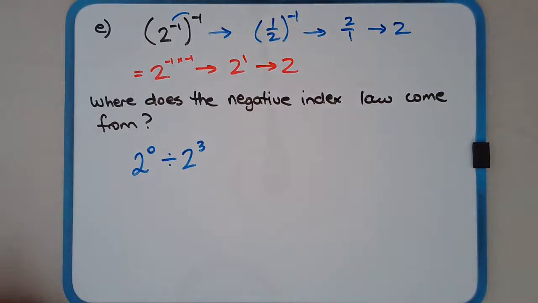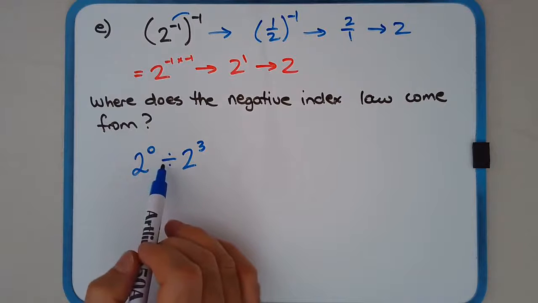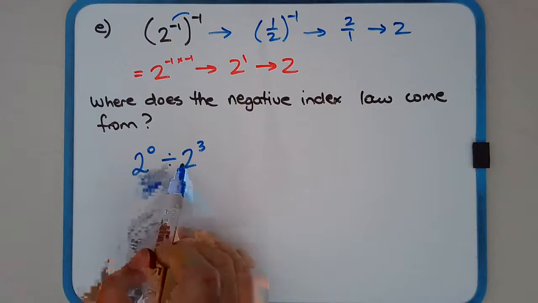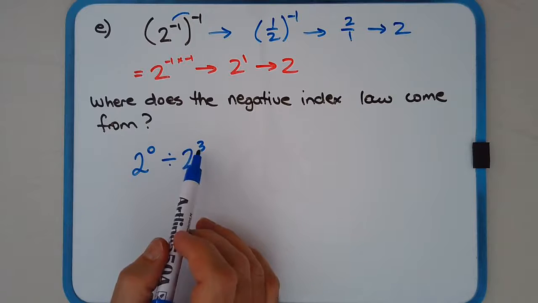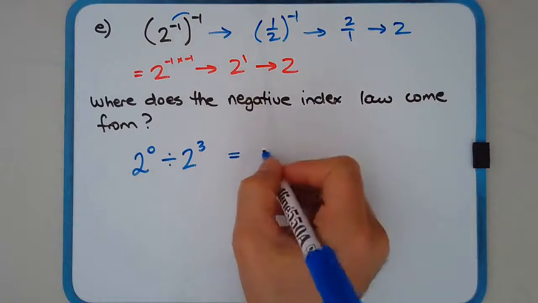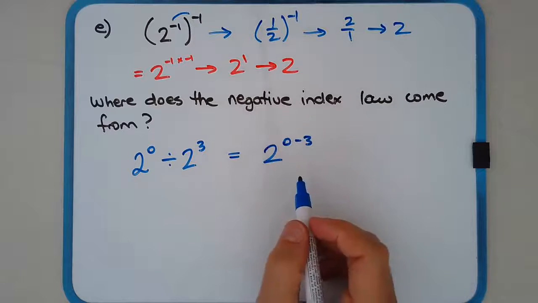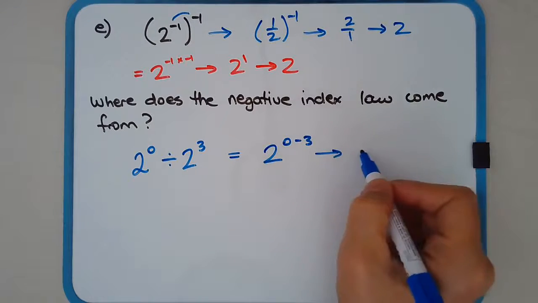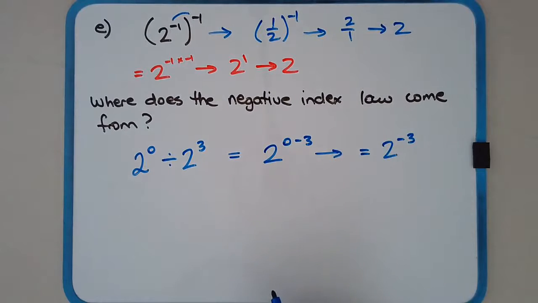How does this work? Now, bases are the same. You have a division, so you're dividing bases that are identical. What happens to the indices? You subtract the indices, don't you? Right. So that is just 2 to the power of 0 minus 3, and that is just equal to 2 to the minus 3, or 2 to the -3.